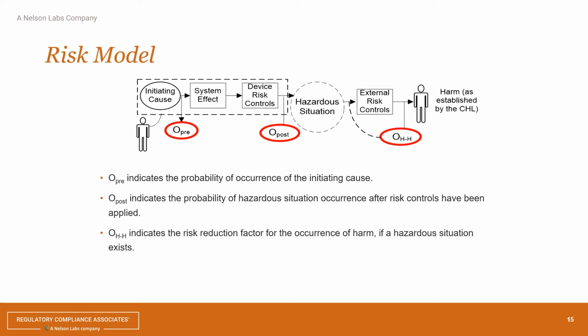We're not talking about the severity of the hazardous situation, but we're talking about, did it result in a harm? Well, for it to result in a harm, you've got a probability, what's the chances of this happening, which depends on what problem you're trying to solve or what health situation you're addressing, and then what your software does, and then the rest of the stuff.